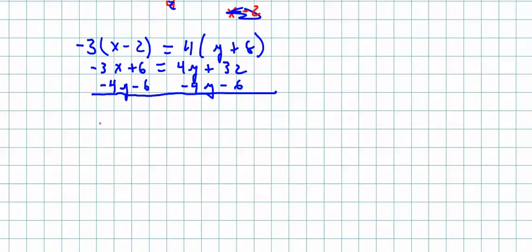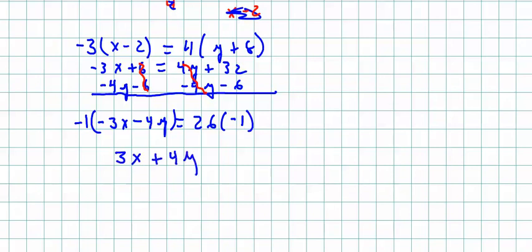So now we end up with negative 3x minus 4y, those cancel, and these cancel, equals 32 minus 6 is 26. I can't have the leading coefficient negative, so I multiply both sides by -1 or divide both sides by -1, and I end up with 3x plus 4y equals -26.